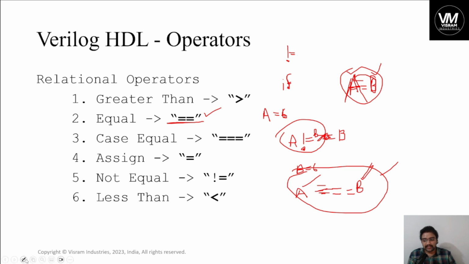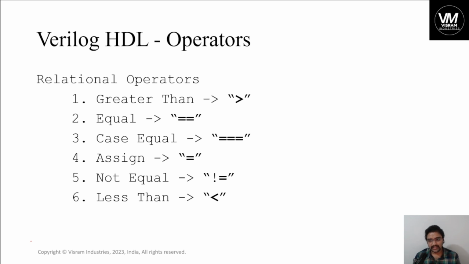In Verilog HDL, we derive functions, and also we use these relational operators in the conditions to understand whether the statement is true or false. If it is true, you do some set of tasks, and if it is not true, go to some other set of tasks.